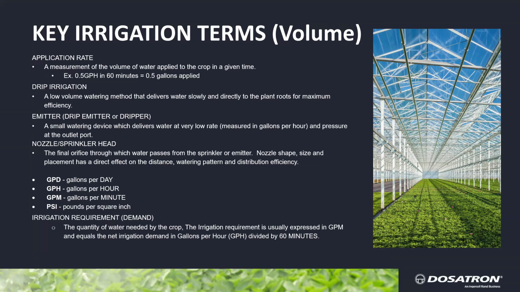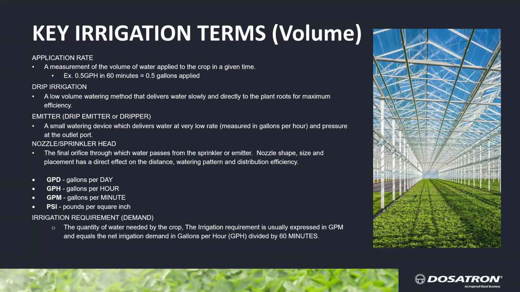So we can do that through an emitter, a drip emitter, drip line. And that is just a small watering device that delivers water at a very low rate and pressure, typically measured in gallons per hour. And it has a certain orifice that then dictates how much of that water is put out.